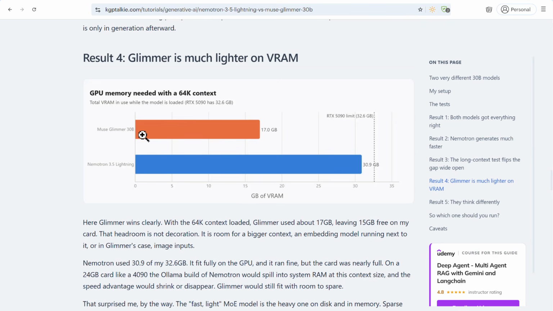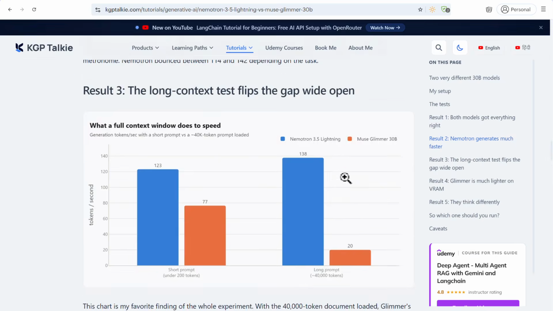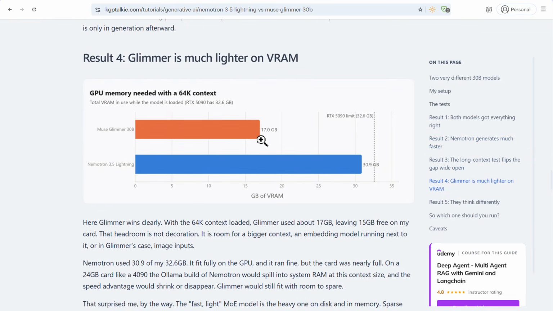In case of our Muse Glimmer, it took only 17 gigabyte of the memory, whereas if you use NVIDIA model Nemotron 3.5 Lightning, it is taking more RAM.